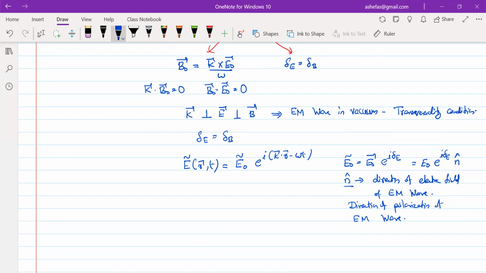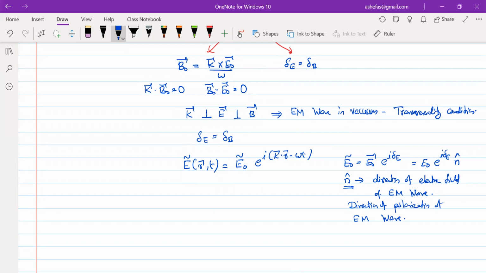So if this n is fixed, then we can call that electromagnetic wave polarized. But in general, n can change with time, with space. n can be a function of space and time. There is no restriction for it. The direction of polarization can change with time.